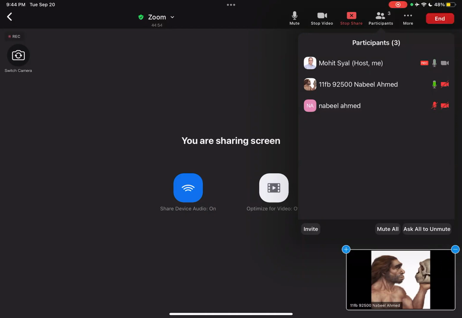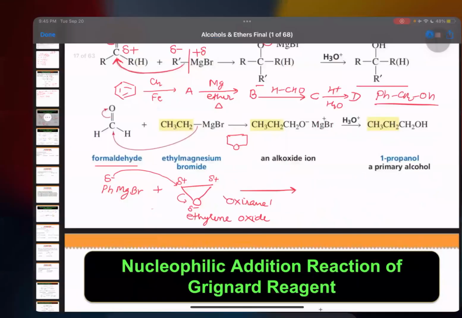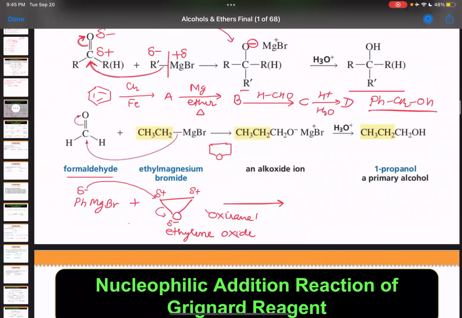Actually you are logged in by two devices. So sometimes the device doesn't work. In that case, I can shift fast.